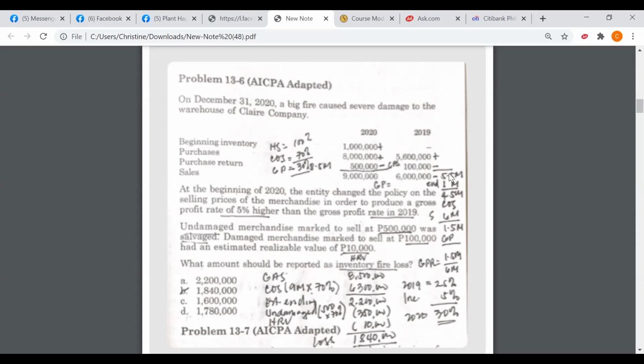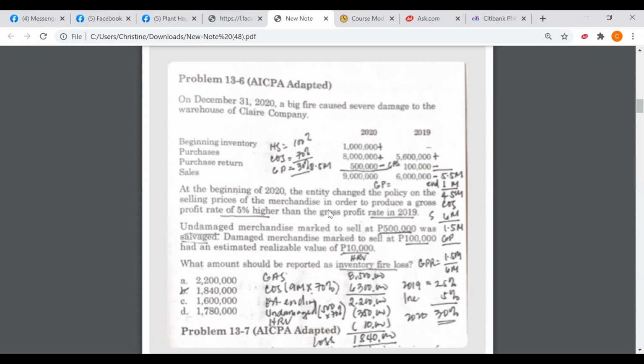So our GAS minus our ending makes your COS, or your cost of sales, or cost of goods sold. Sales minus your cost of goods sold will give you your gross profit. So the gross profit now is 1.5. Take note that gross profit here is silent, so we will use your gross profit on sales.